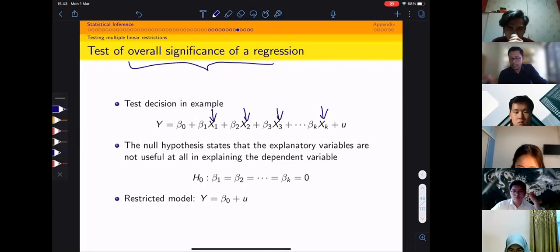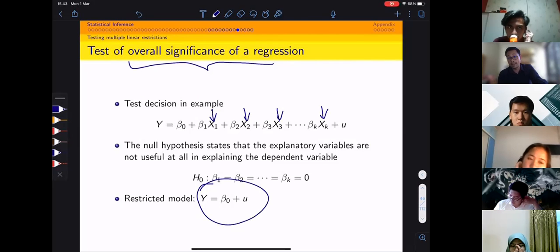Okay, so basically you have the restricted model. The restricted model is when beta 1, beta 2, and so on are equal to 0. So this is basically just the average of y. If you regress y on a constant, then beta 0 is just going to provide you with the average of y.